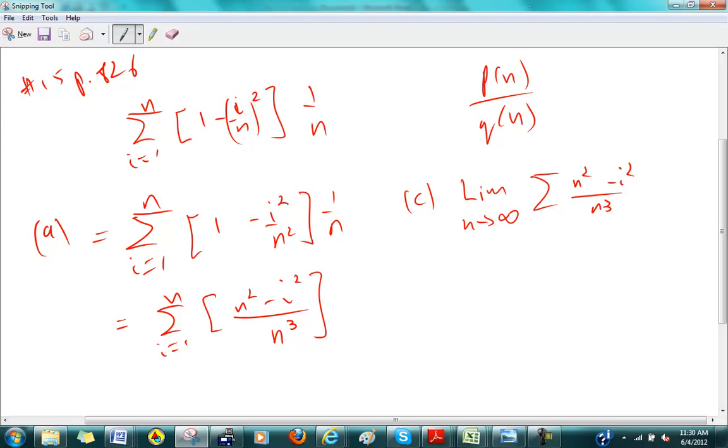Number 15, page 826? Yeah. Josh? For part A, rewrite the sum as a rational function Sn. Okay.